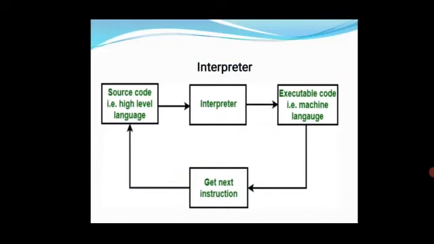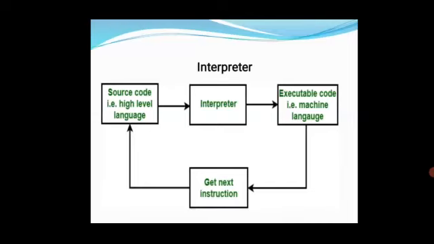Did you understand, student? So the language processor is nothing but one type of system software. Whatever programs we write using so many programming languages are in human understandable format, but the machine will understand only zeros and ones.